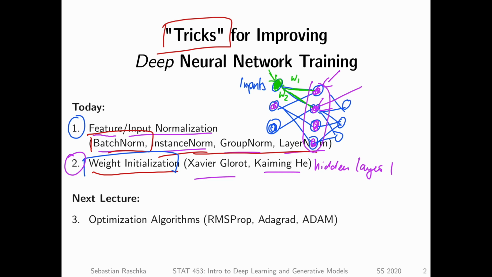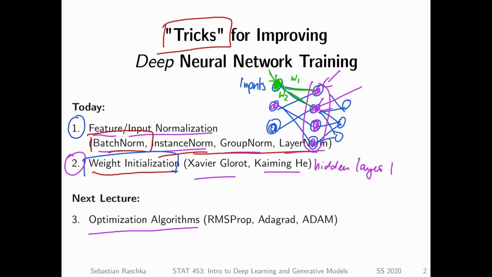After we covered both these topics, these tricks for making deep neural network training more efficient from an optimization perspective by feature and weight initialization, there's another big category of tricks that we will talk about in this class, and this is what we will talk about next lecture. This is focusing on the optimization algorithms themselves.